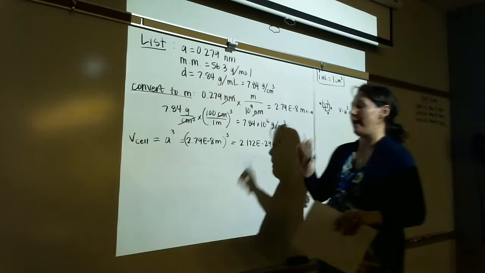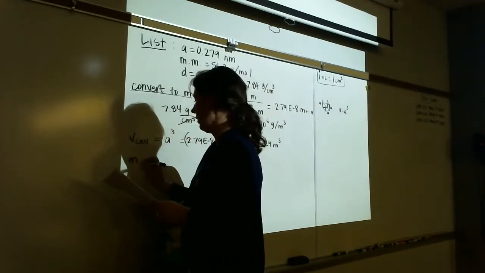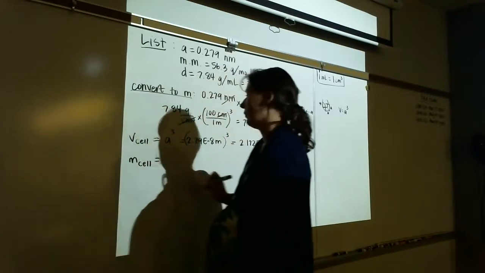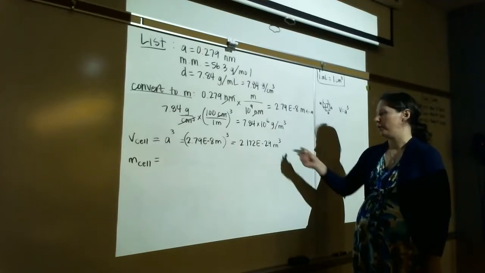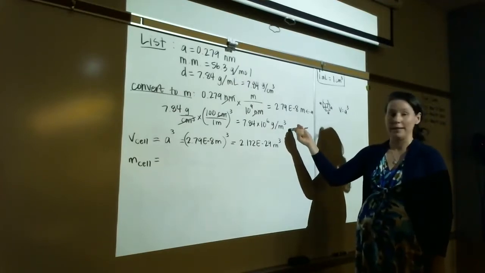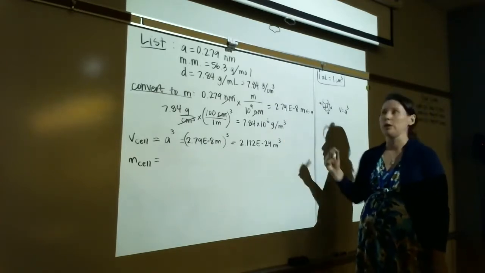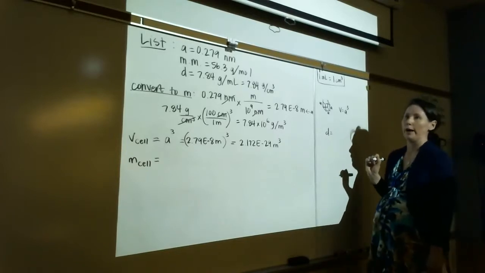Now I'm going to get the mass of the cell. How can I get the mass of the cell? Well, I know the volume of the cell, and I know the density of the cell. What's the formula for density? Density equals what over what?